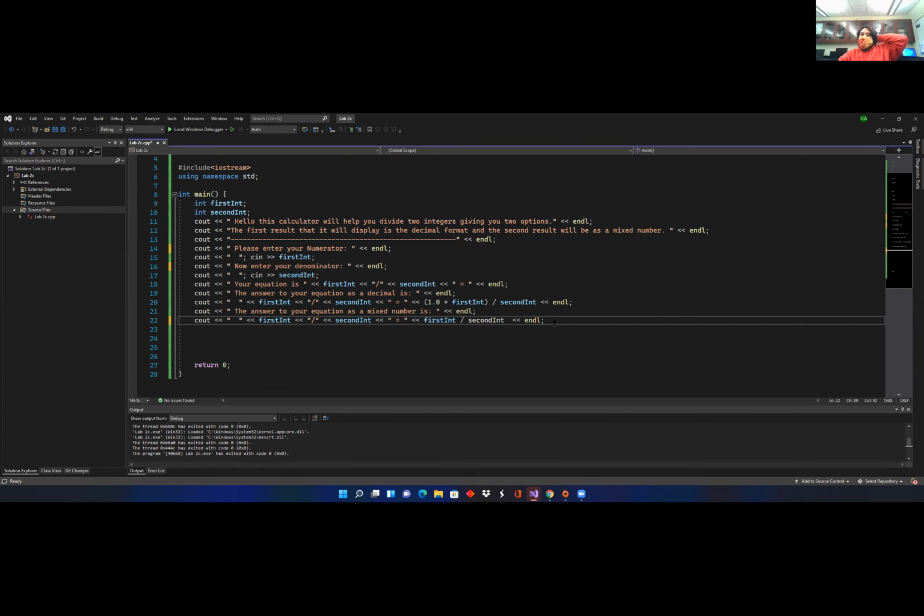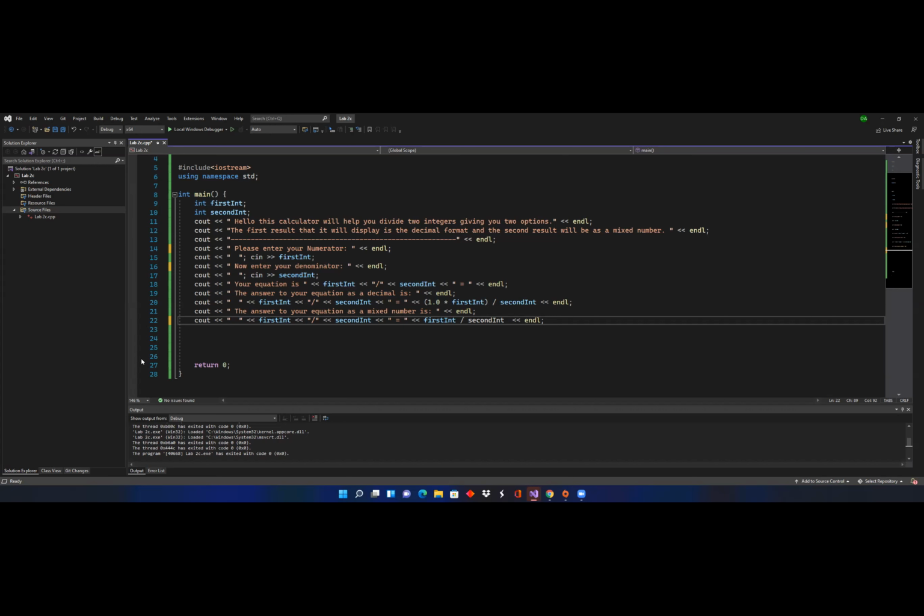I think you should just assume the numerator is going to be greater than the denominator, because if you did 4/8, that should come out to like 0 and 4/8, which is 0 and 1/2, right? Which is 0.5. Right. So I would just assume the numerator is greater than the denominator, because if not, you're going to get something that looks like 0 and like 1/2 right next to it. Okay.